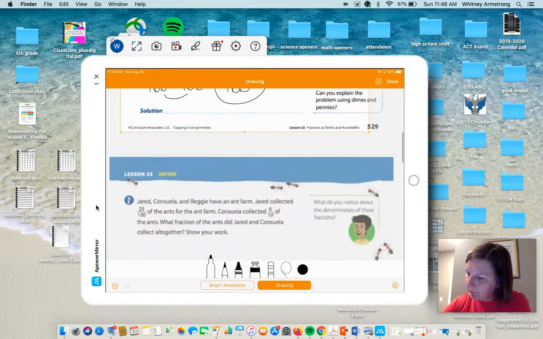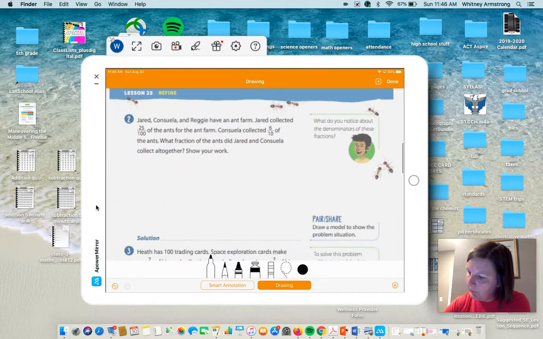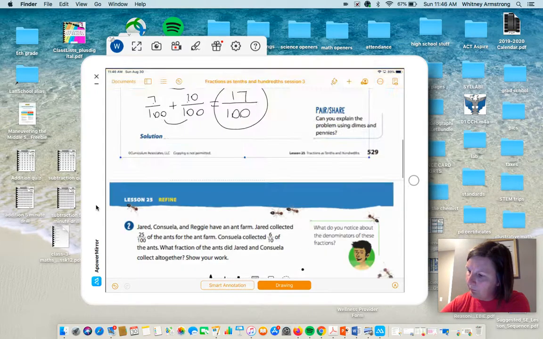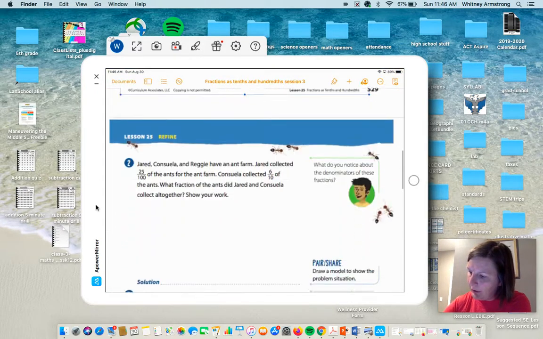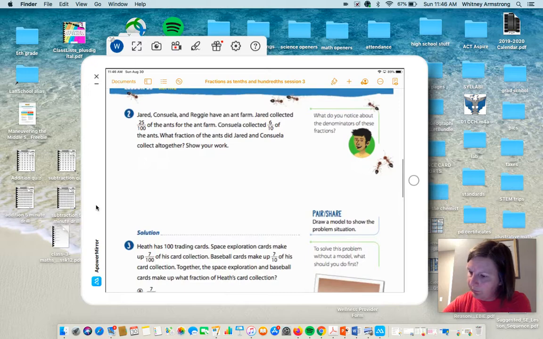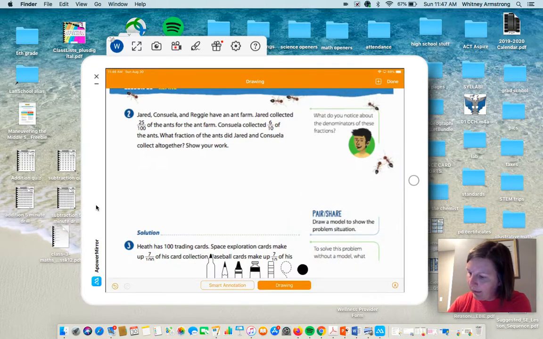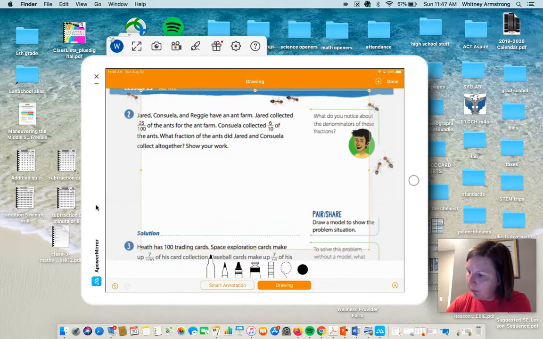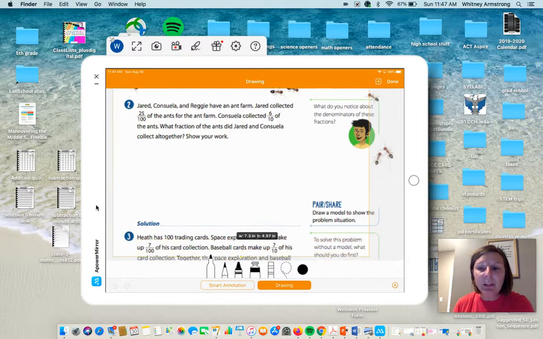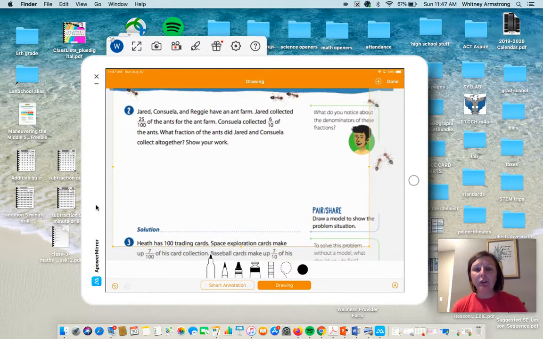Let me add my drawing tool so we can see everything. All right, so I'm going to read the problem. I'm going to give you a little bit to try and work it out on your own, and then we'll talk about the answer. So Jared, Consuela, and Reggie have an ant farm.